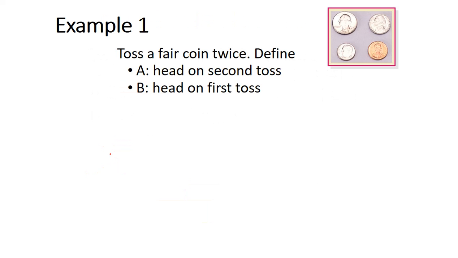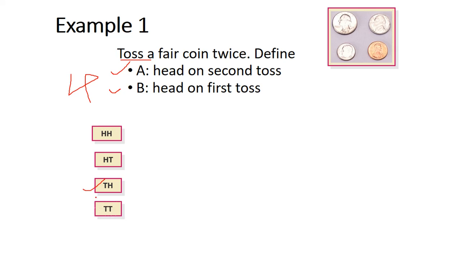Now we will see some examples. Toss a fair coin twice. I will define two events: A, head on second toss; B, head on first toss. Toss a fair coin twice means here we get 4 points in the sample space: head head, head tail, tail head, and tail tail.